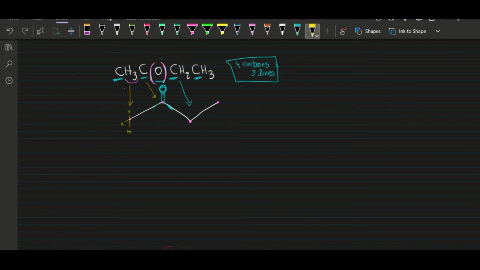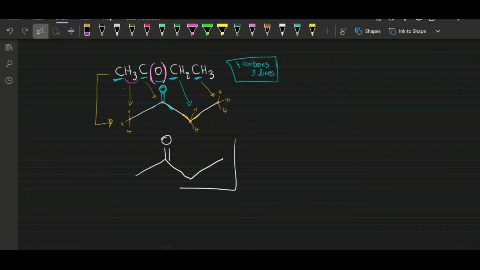Next carbon right here is going to be connected to 2 hydrogen because we already have 2 bonds, 2 lines. And then this carbon right here has 3 hydrogen. So this is how you go from here to here. Let me draw another cleaner one for you. Okay, this is how you draw the final answer for that.